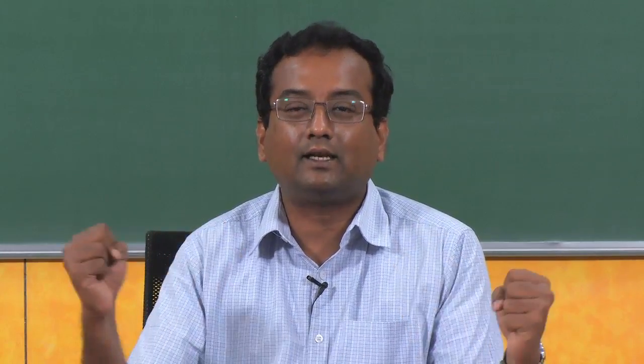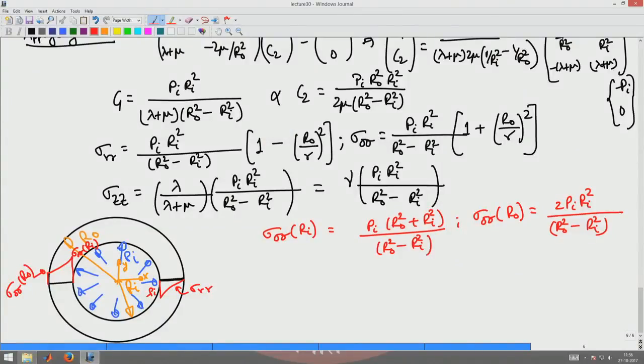Because hoop stress is tensile, due to Poisson's effect there will be a lateral contraction along the thickness direction and the axial direction, but in the axial direction what we have done is we have fixed the length to be a constant, okay. Since the length has been fixed to be a constant, there should be axial tension coming in to maintain the constant length, and hence you have sigma ZZ, which is a tensile stress, which is a constant stress across the cross section, okay.